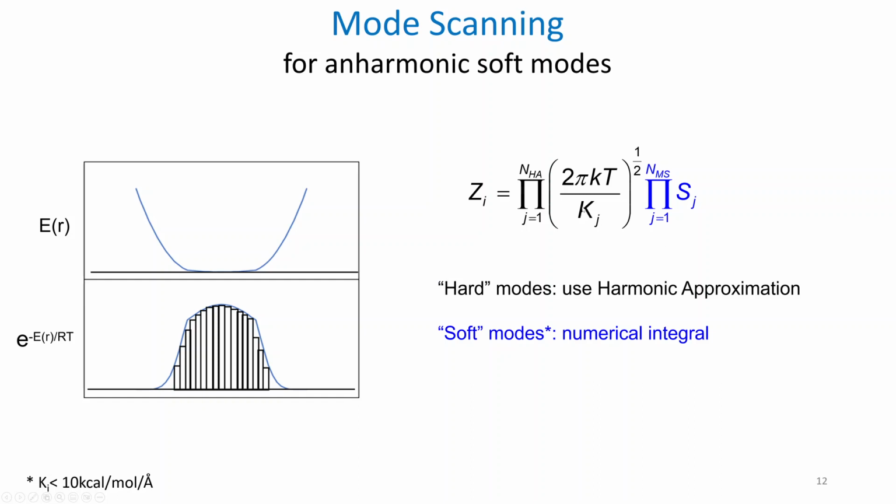And so what's shown here is that for the higher modes, again, we use the harmonic approximation. For the lowest modes, we use contributions from this special way of treating the soft modes, these are the ones that are mode scanned.